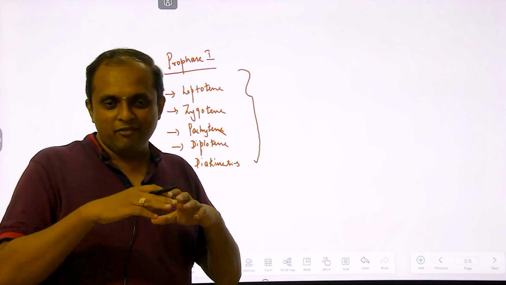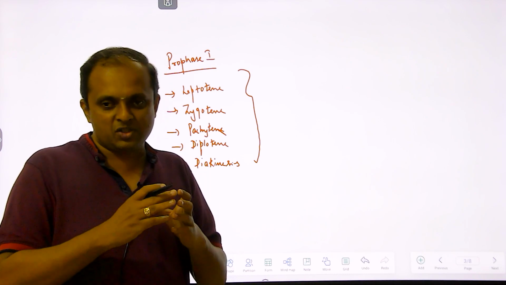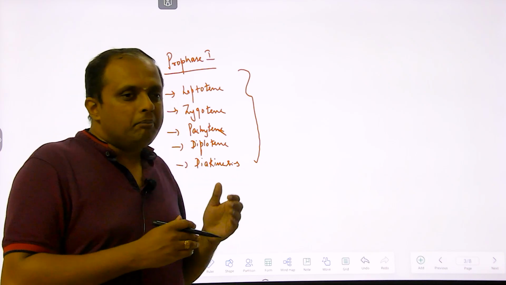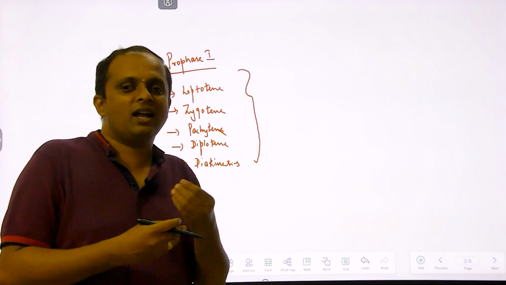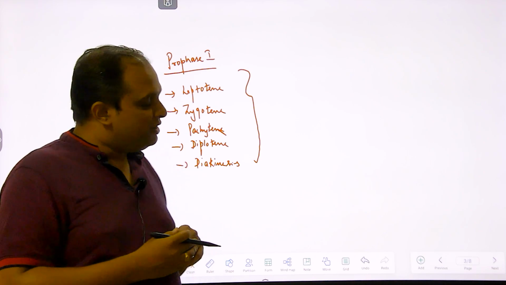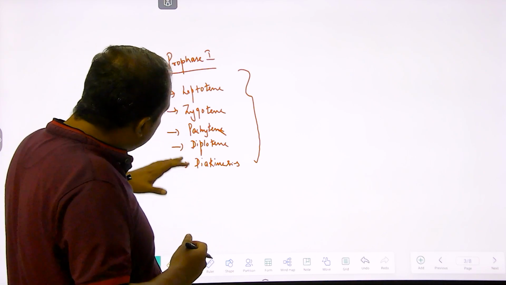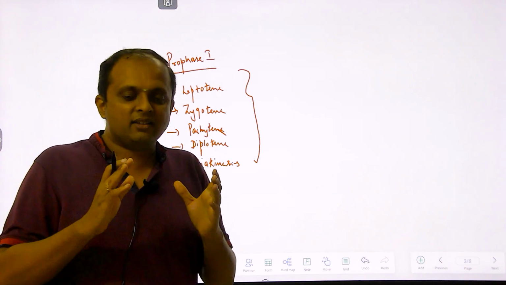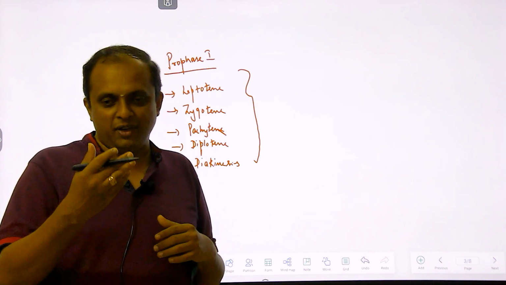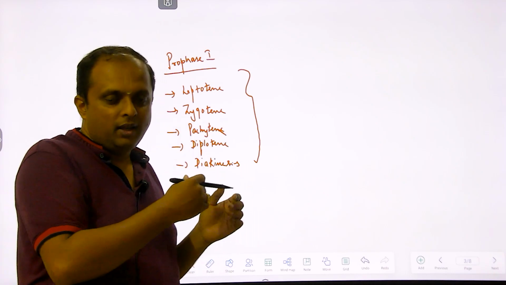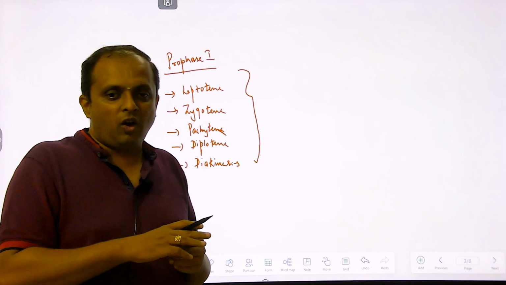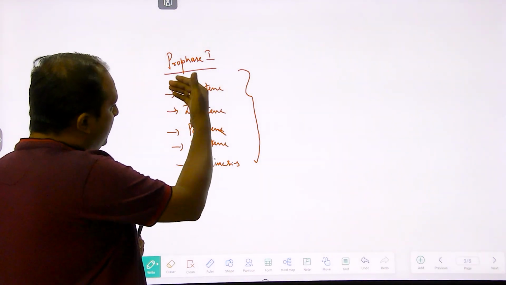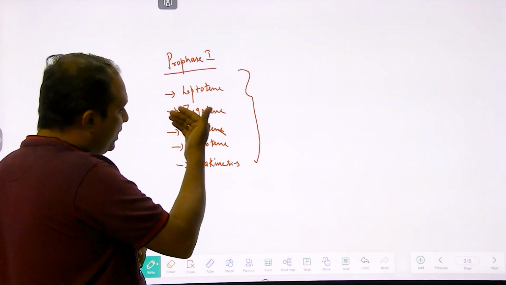Everything you have discussed in that prophase is going to happen in this prophase 1, but with some extra events which are dispersed into these subphases, right? The exact thing that happens in prophase also happens in prophase 1 with some additional events, and all these are dispersed into various subphases like leptotene, zygotene, pachytene, diplotene and diakinesis.